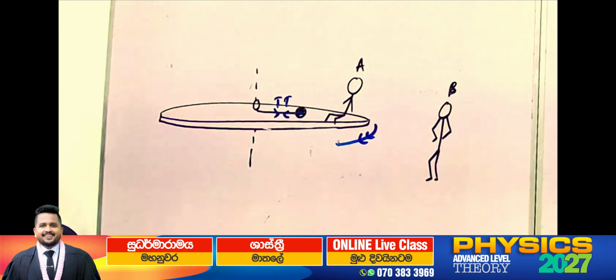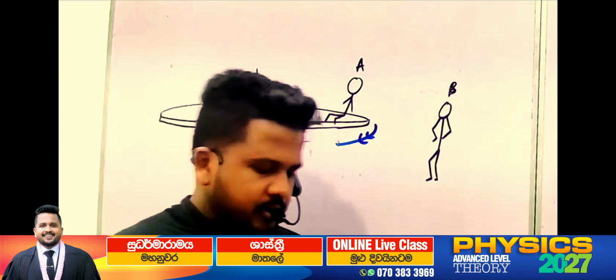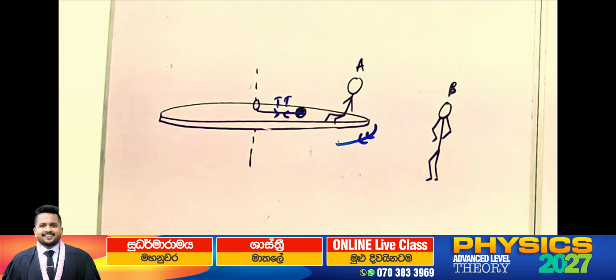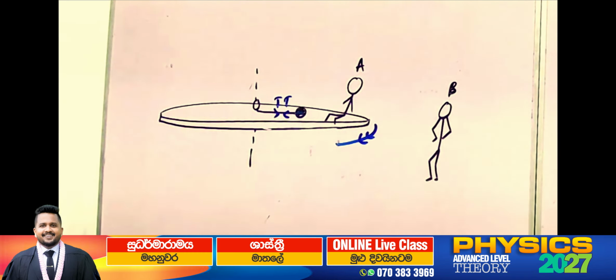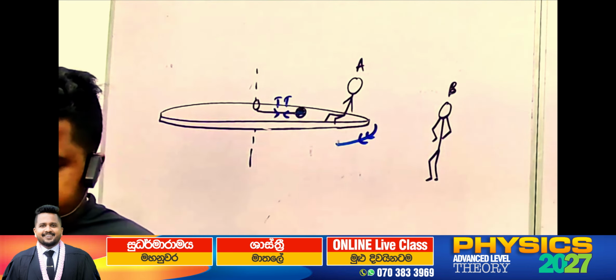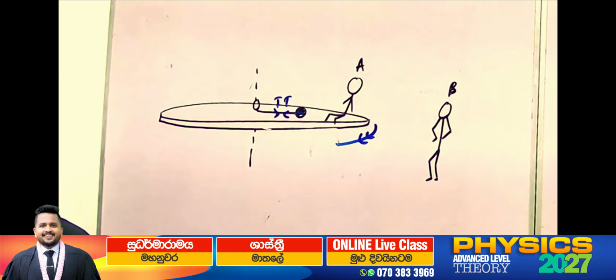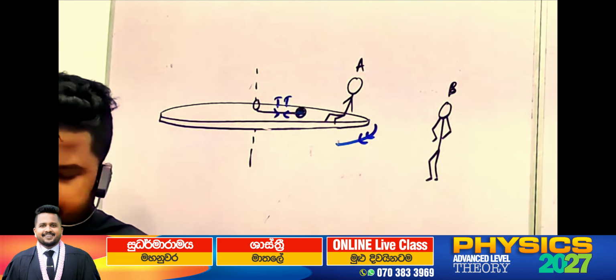It is known that the centripetal force required for circular motion is provided by the tension of the string, by applying F equals mv squared over r.